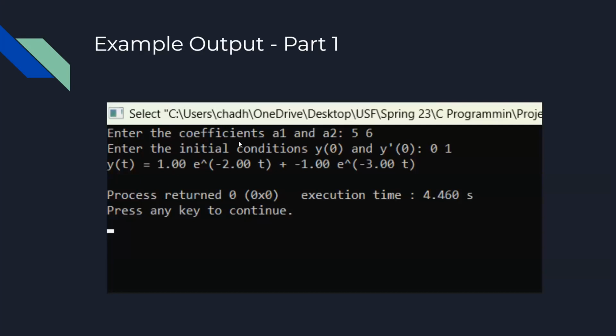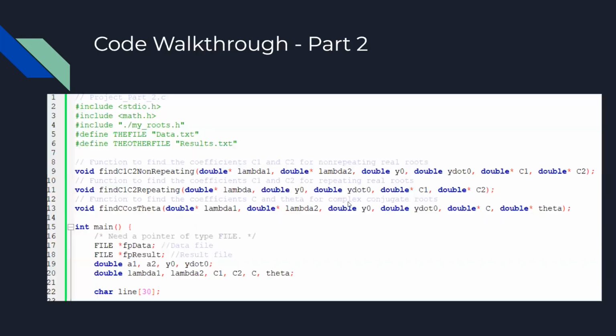Here is a sample output for the first part. The user would enter a1 and a2, as well as y0 and y dash 0, and then this is the characteristic equation calculated from the code.